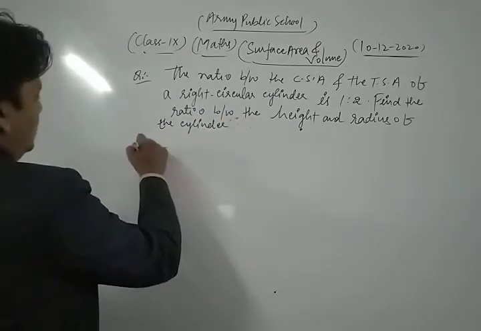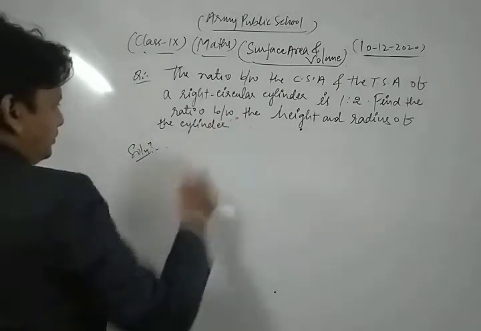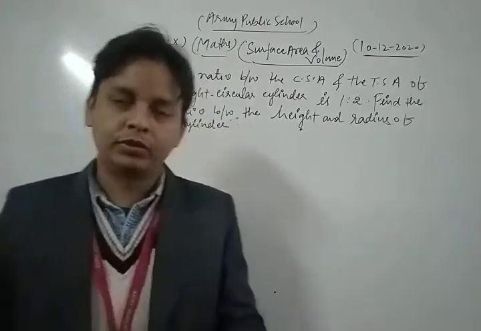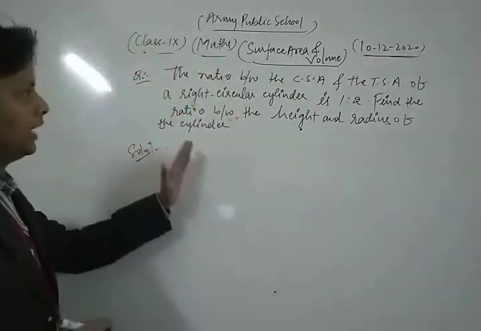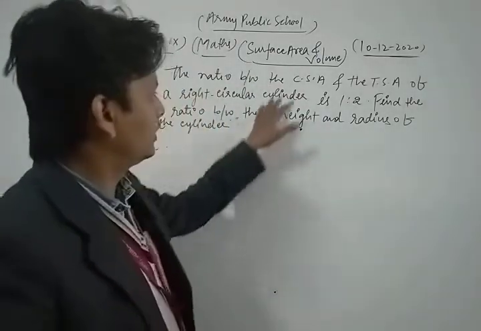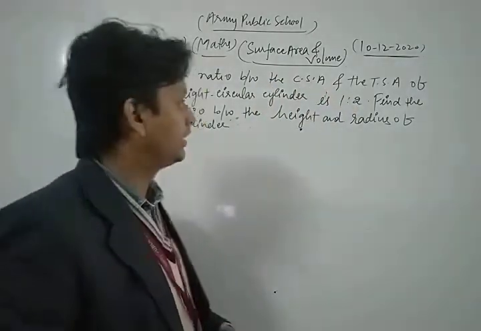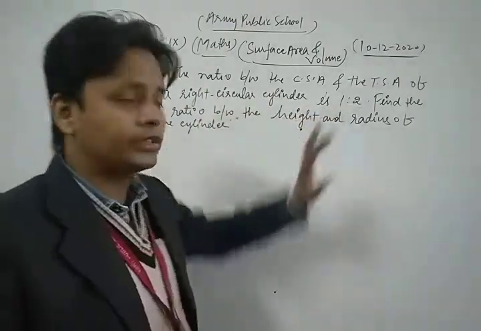Okay, now let's see its solution. This is also a very important question of your syllabus. In that question, dear students, the ratio between the curved surface area and the total surface area of a right circular cylinder is 1:2.